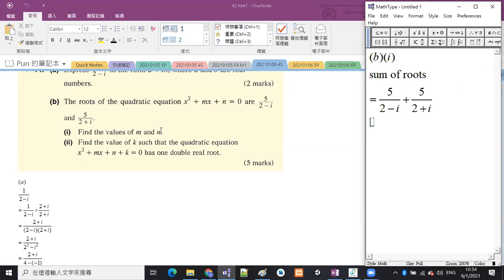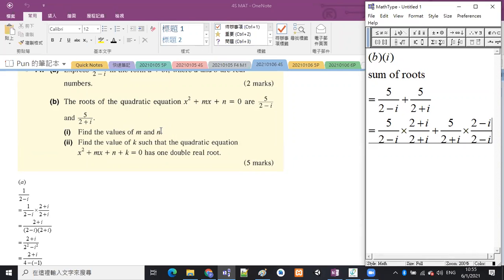So this will be equal to 5 over 2 minus i times 2 plus i over 2 plus i, and then plus 5 over 2 plus i times 2 minus i over 2 minus i. You just do the same thing, and then you get 5 times 2 plus i over.